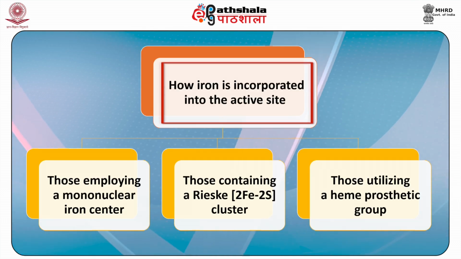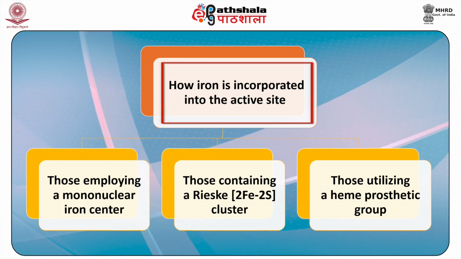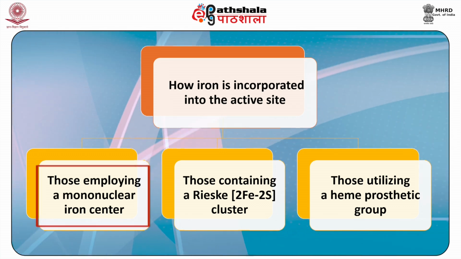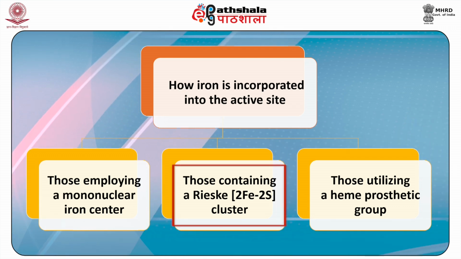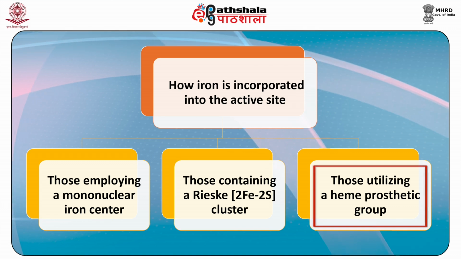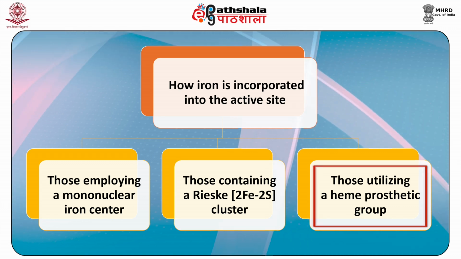Iron-containing dioxygenases can be subdivided into 3 classes on the basis of how iron is incorporated into the active site: those employing a mononuclear iron center, those containing a Rieske 2 iron 2 sulfur cluster, and those utilizing a heme prosthetic group.